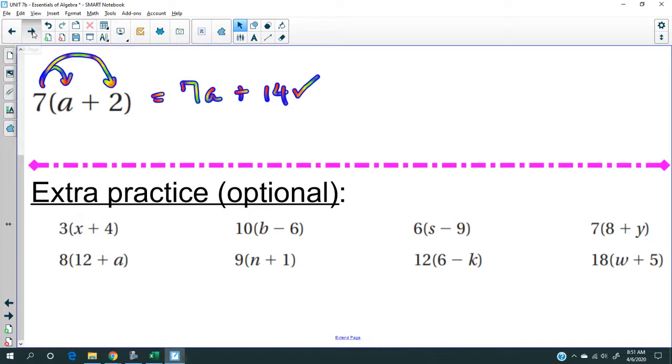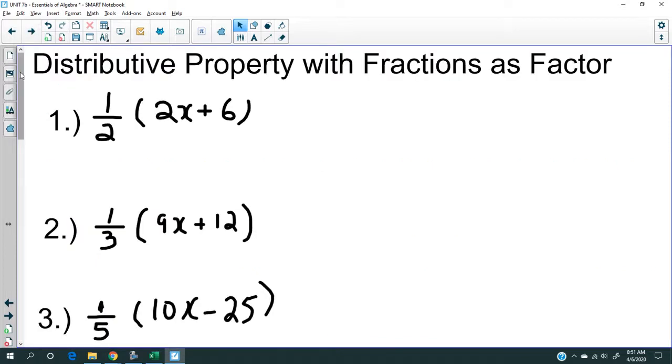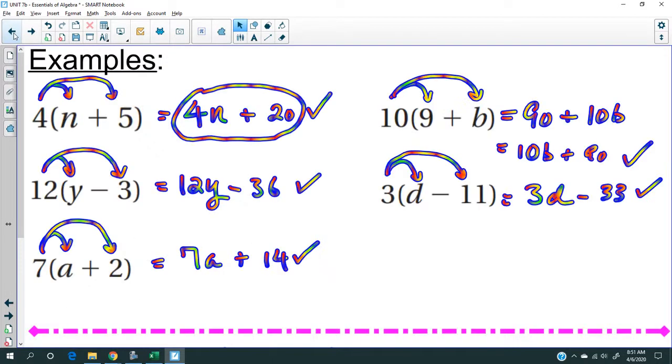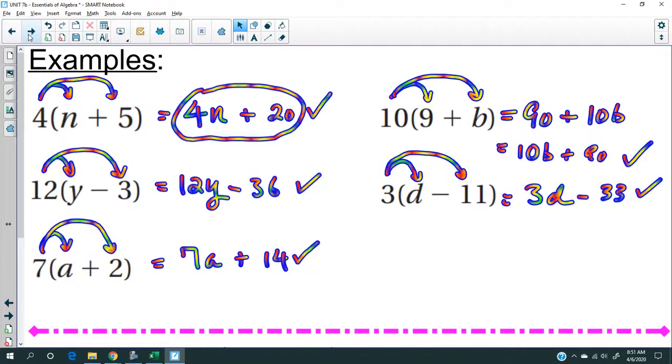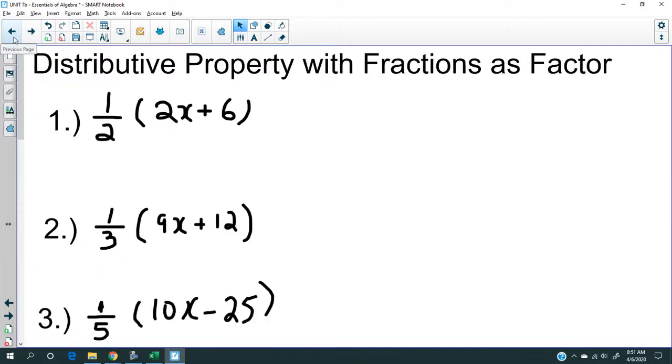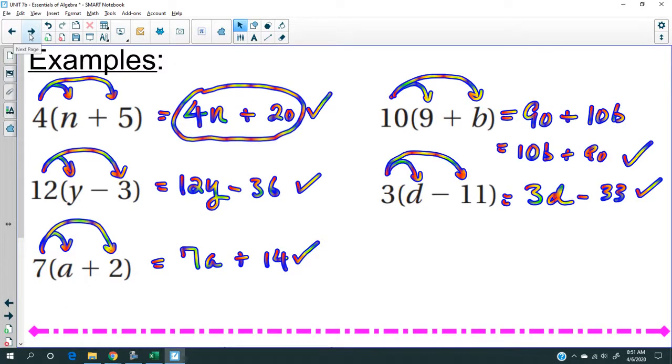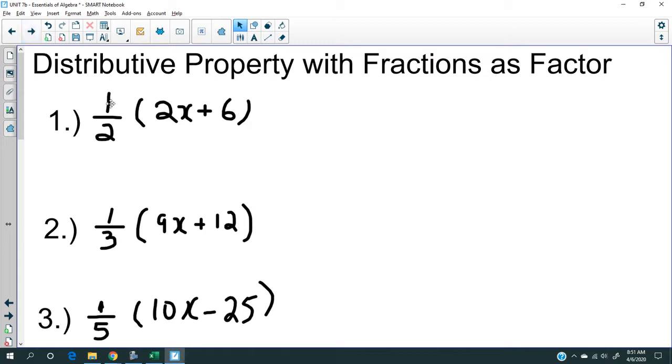Now I want to show you this. What's the difference between what we're doing here? You might think it looks a little different. What's the difference between this and this? One more time, this and this. Yeah, the number on the outside that you have to multiply everything inside with.